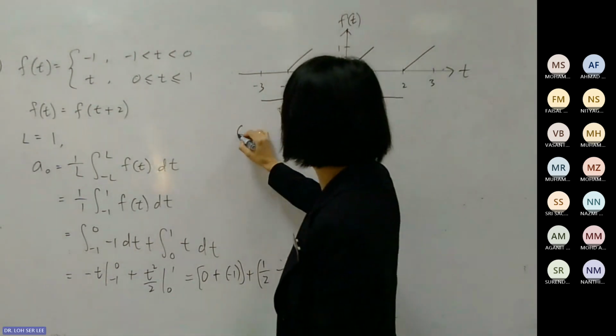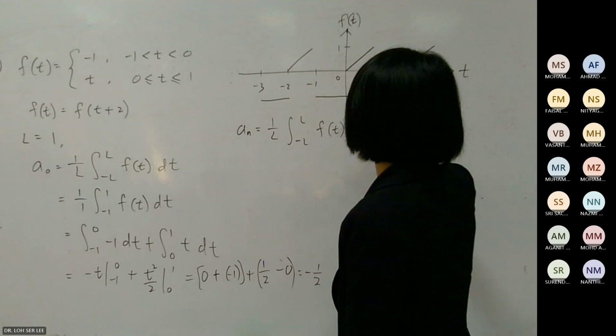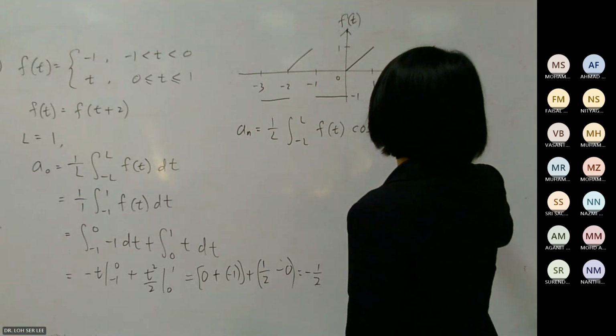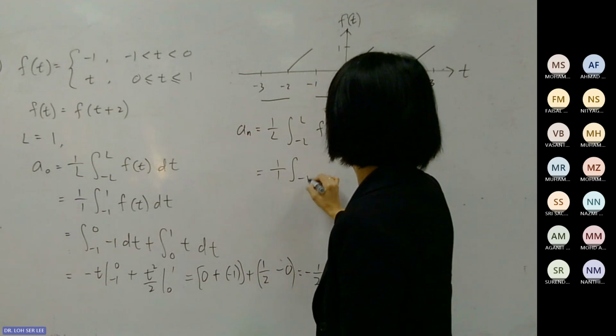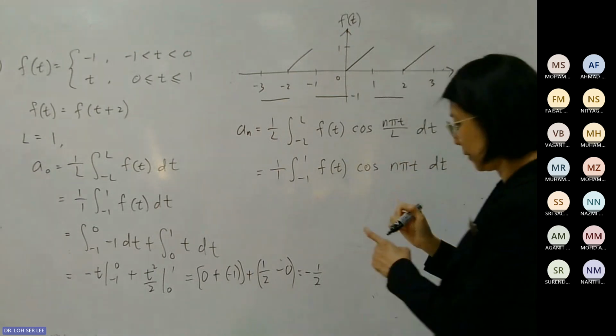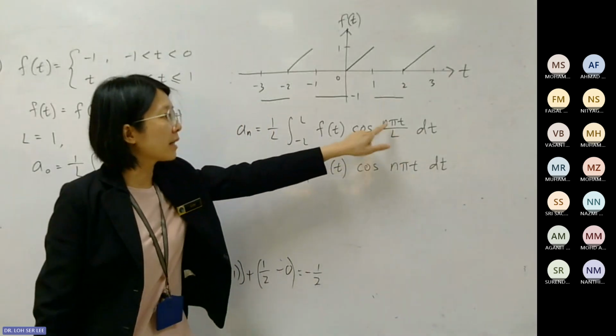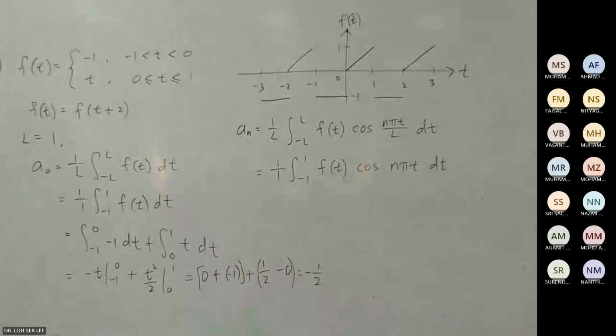Then An. When L is 1, so this angle will be n pi t. Okay, so break this into 2.